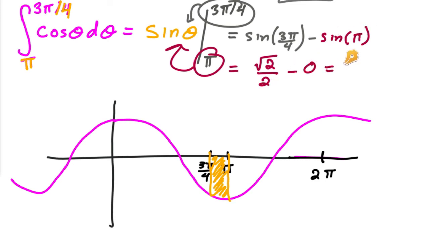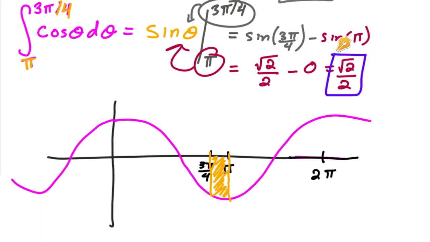So this is just simply equal to root 2 over 2. Now you might be thinking, well, wait, hold on a second. It's positive, but it's underneath the curve, so shouldn't it be negative area? Okay, so I'll let you guys think about that one. Did we make a mistake, or is there something else going on?